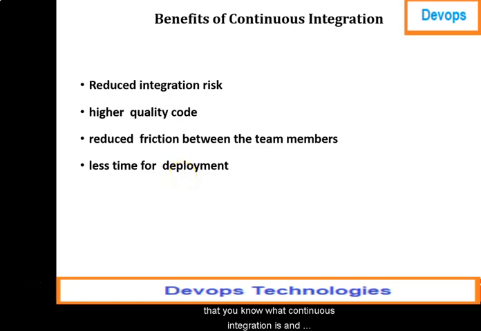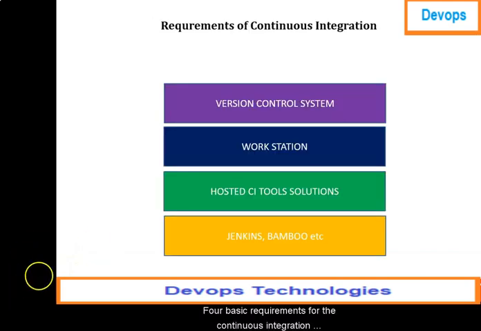Now that you know what continuous integration is and what its benefits are, it would obviously draw you to wonder what the requirements of a continuous integration system are. There are four basic requirements for a continuous integration system.